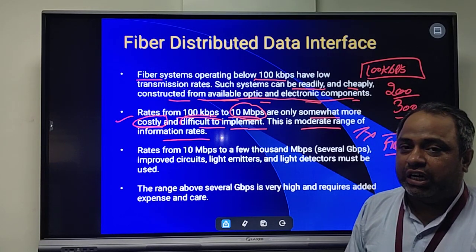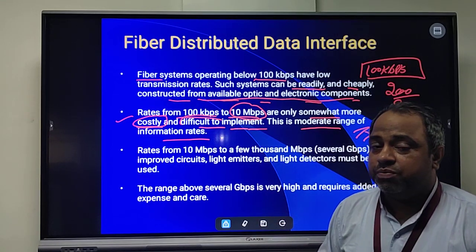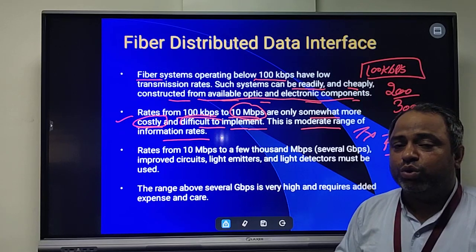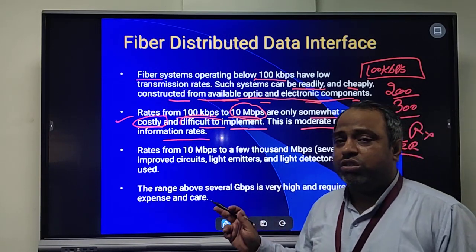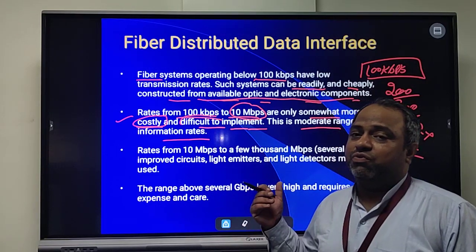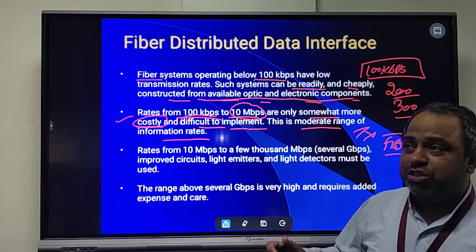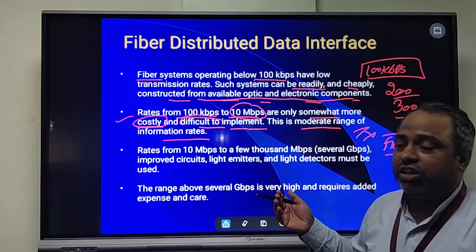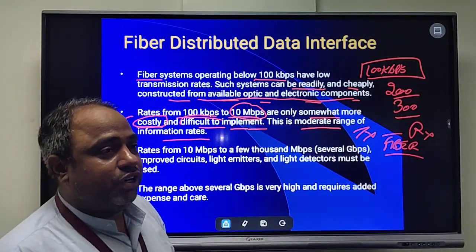At that moment, always remember the complexity of the system is increased. So the maintenance cost and implementation cost for a high amount of information is very large. Remember the point: when I'm going from kbps to Mbps, definitely the cost, installation and maintenance are all increased. That is the priority of data transmission.